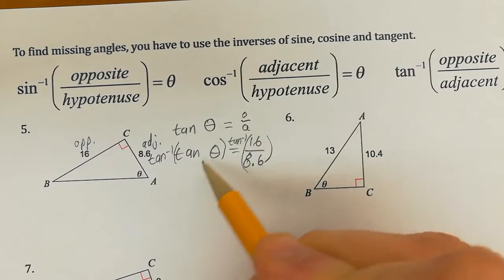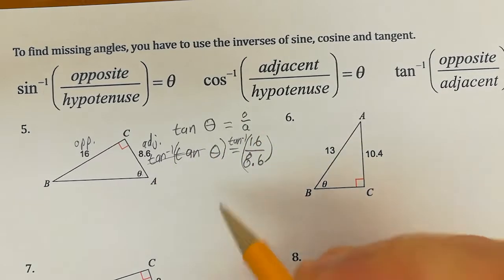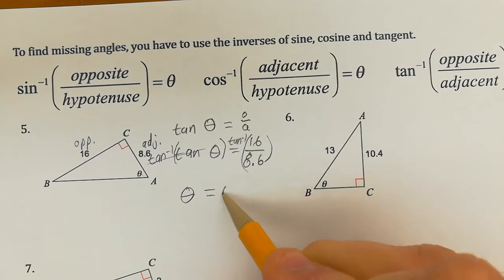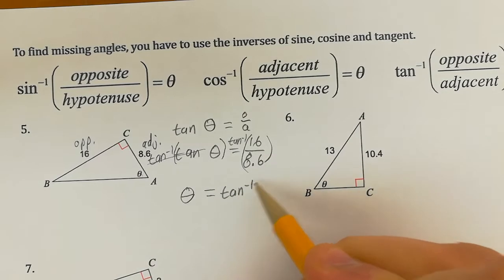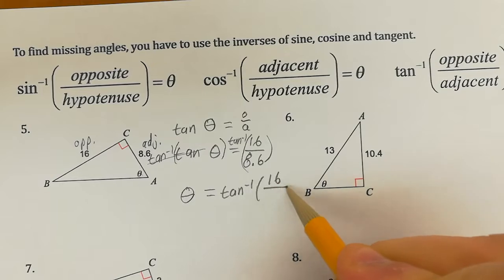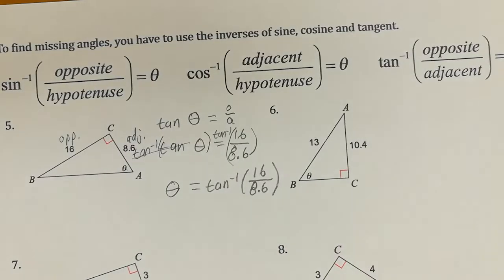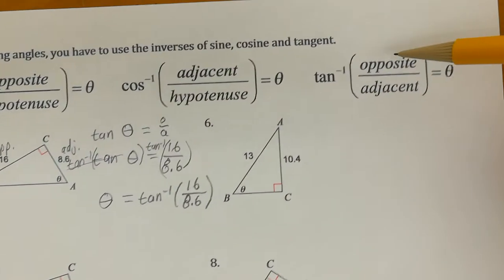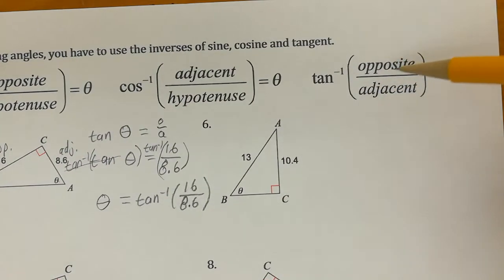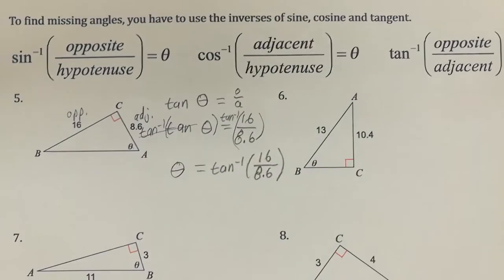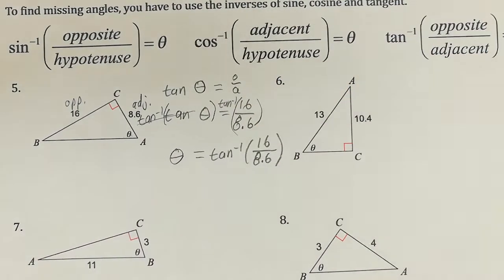What that does is basically undo the tangent, and you're left with theta. And then over here, let me just write it out. We have this. Now you'll notice this matches the formula up here, although the sides are reversed. So you're welcome to skip to that step, using one of these formulas, but I just wanted to show where that comes from.